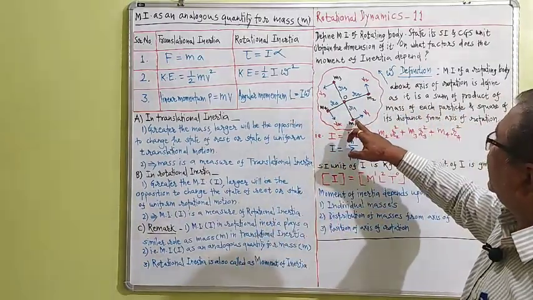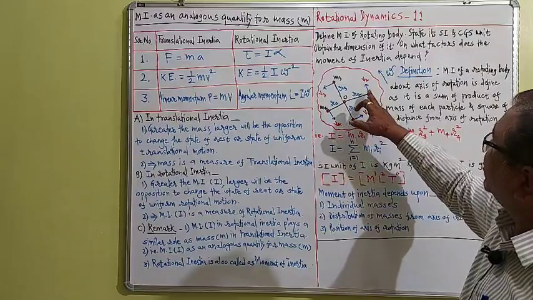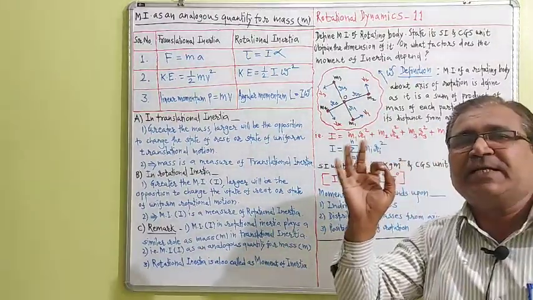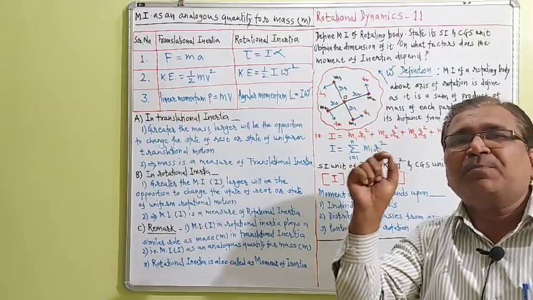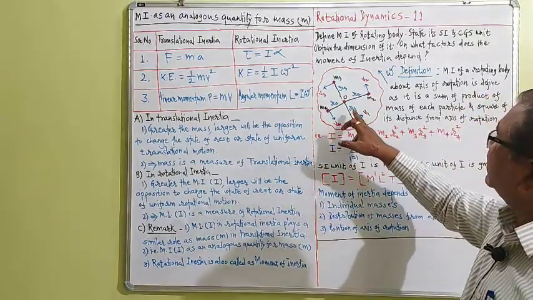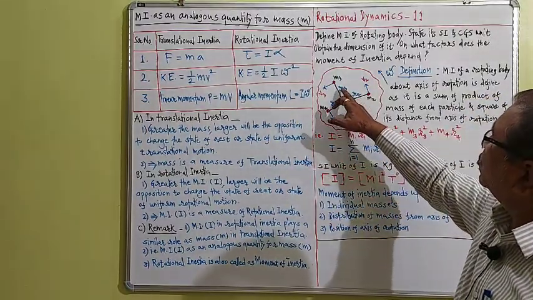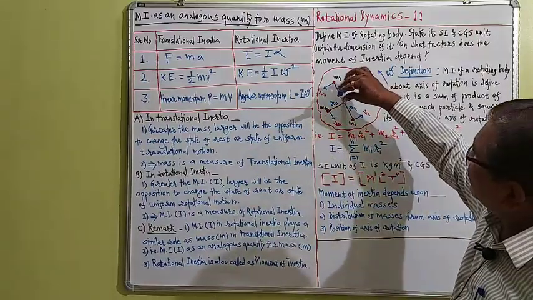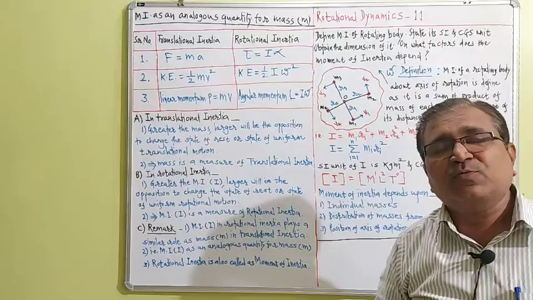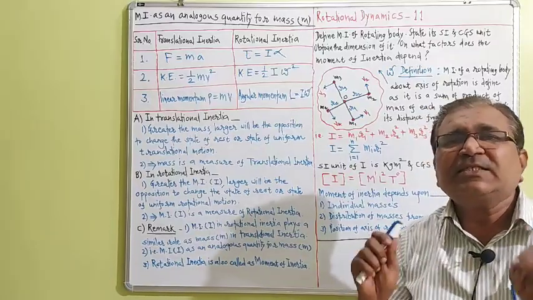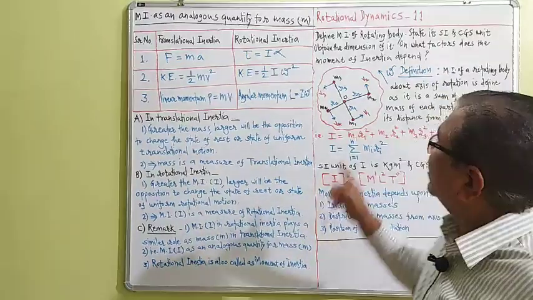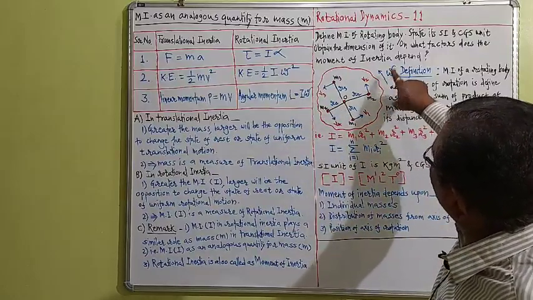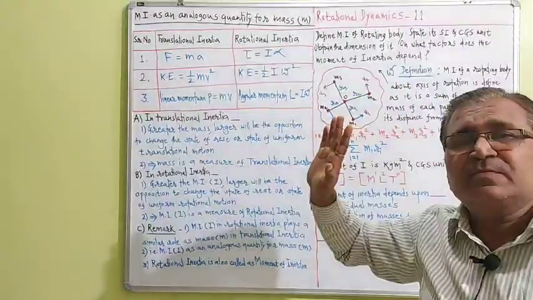Each particle has mass m1, m2, m3, m4, separated by perpendicular distances r1, r2, r3, r4 from the axis of rotation. This is the description of the diagram, and the body is rotating with constant angular velocity omega.